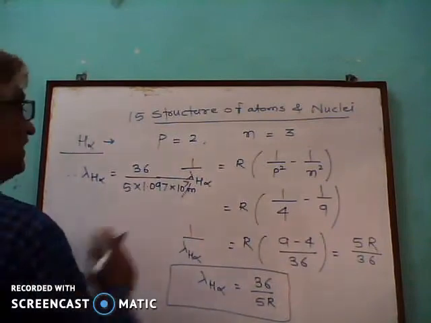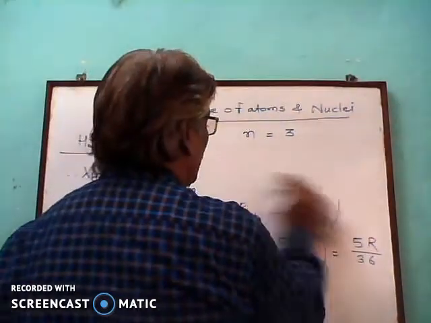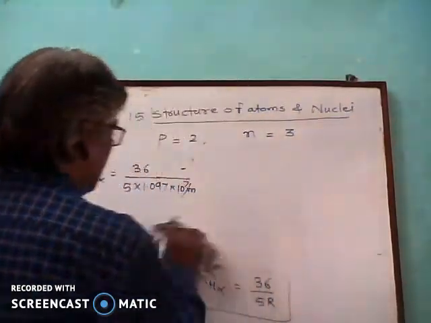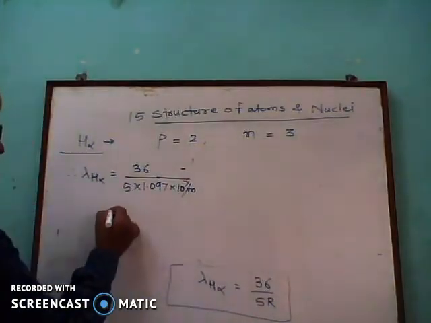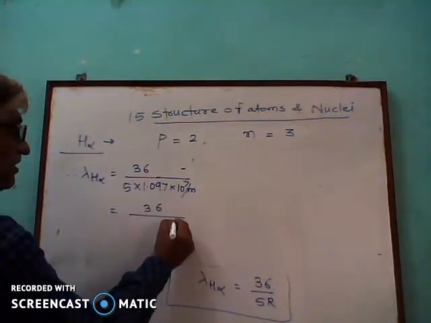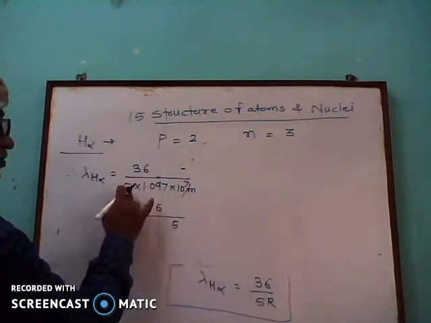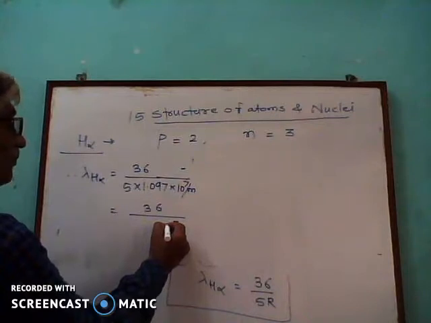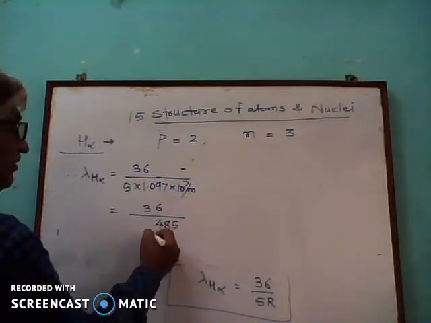Let us calculate here. By calculation, it becomes 36 upon 5 into 1.097. 5 into 1.097 is 5.485.